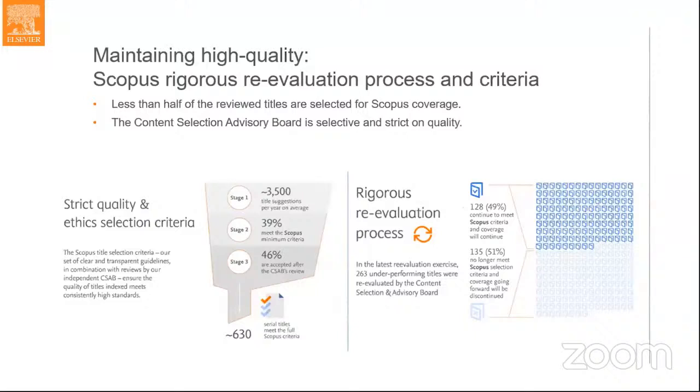Of the journals that apply to Scopus, less than half of them succeed, and we accept them for indexing. This is to ensure that we make available only high quality journals which apply proper publishing processes, and the journals are also re-evaluated every year to ensure that we maintain a high standard year over year.